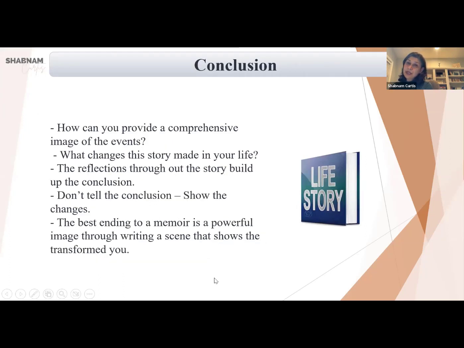And the conclusion is usually everywhere, at the end of each climax and coming down, because your story usually has a big climax, or a few of them, but it also has sub-climaxes.